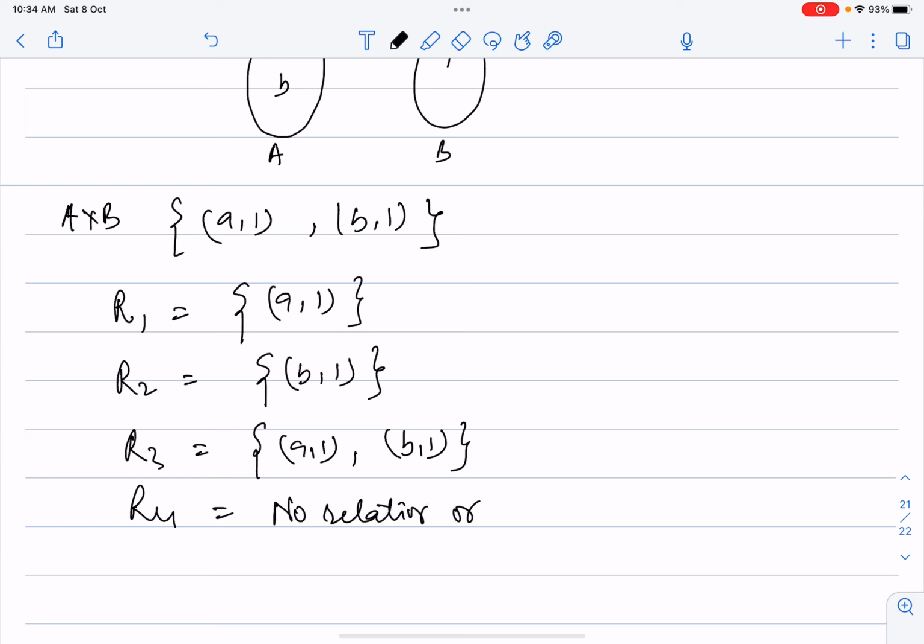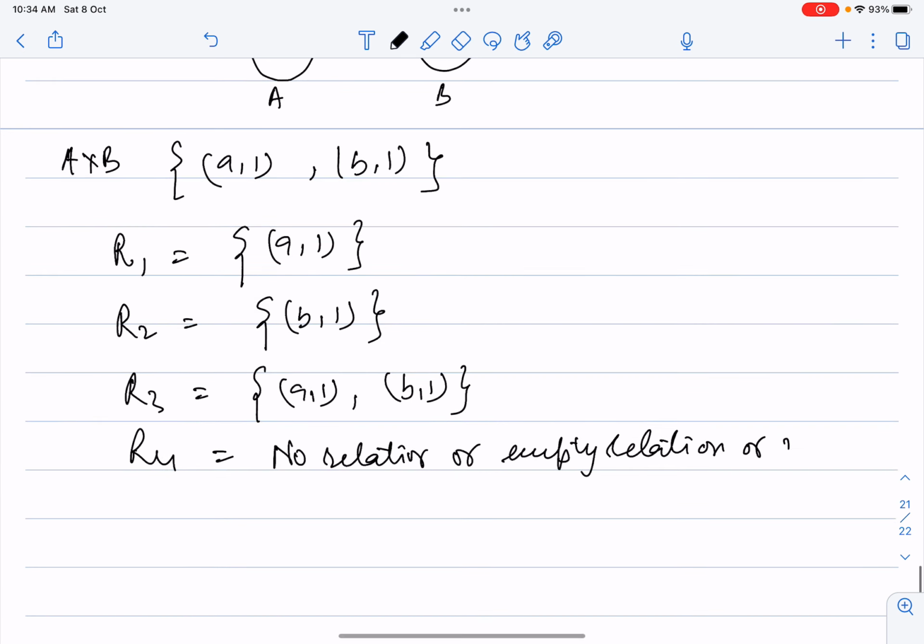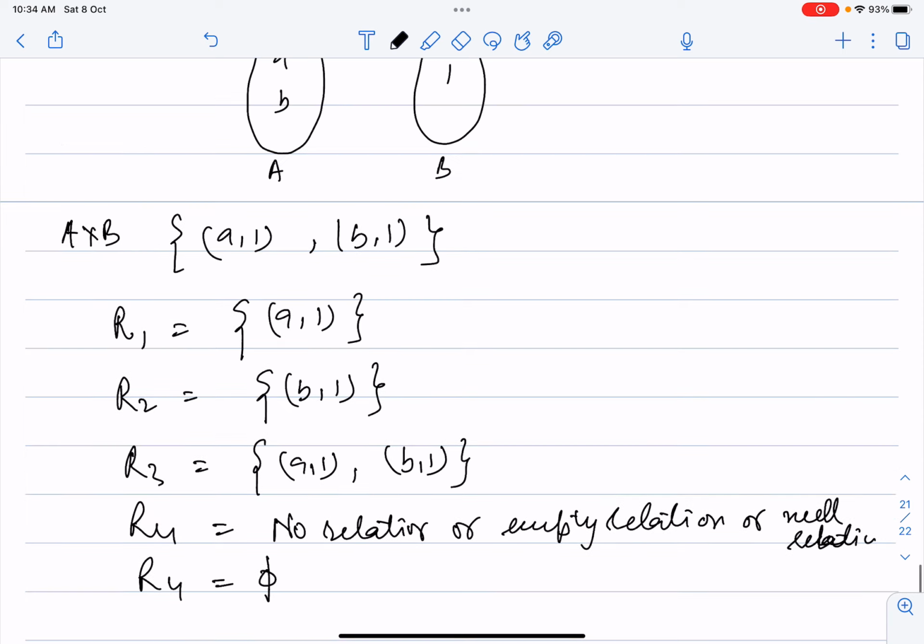or it is called empty relation or sometimes null relation. And it is depicted like this, phi. Phi means empty relation or null, nothing. There is no relation between the two elements.